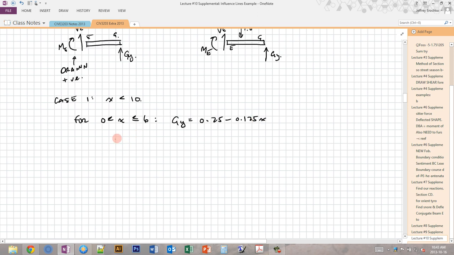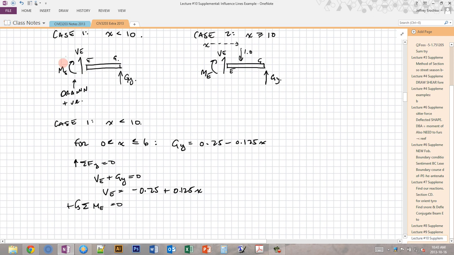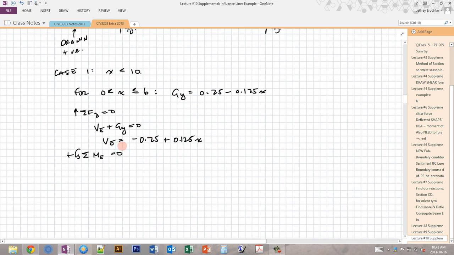Then we can use equilibrium, so I'm going to use the sum of forces in the y direction equals 0 to find the shear. And we find that the shear equals negative 0.25 plus 0.125x, which is basically negative GY. And then I'm going to use the sum of moments about E to find the moment at E. So it's basically going to depend again on GY.